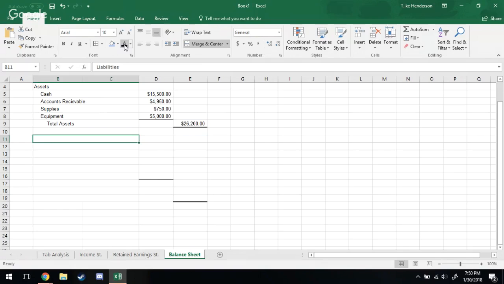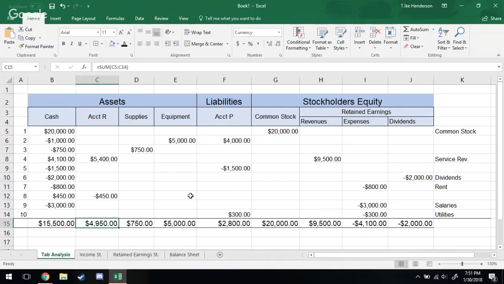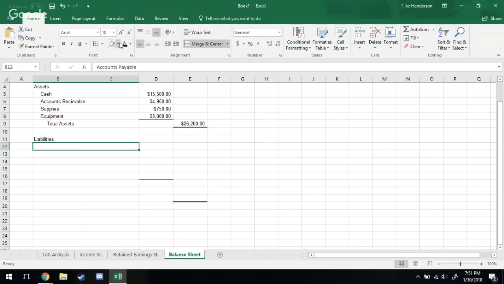Next, we move on to our liabilities. There was only one liabilities account, and that is accounts payable. At the end of the period, accounts payable was at $2,800. So we will put in our accounts payable at $2,800.